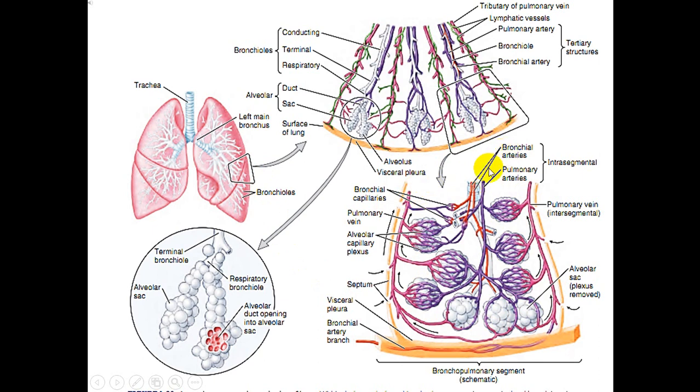The first important thing to observe is that the bronchial arteries and the pulmonary arteries are associated close to the tertiary bronchus, and they are going to be distributed within the bronchopulmonary segment, while the pulmonary veins are intersegmental, that is, they are lying in the connective tissue septa, which are separating two bronchopulmonary segments.